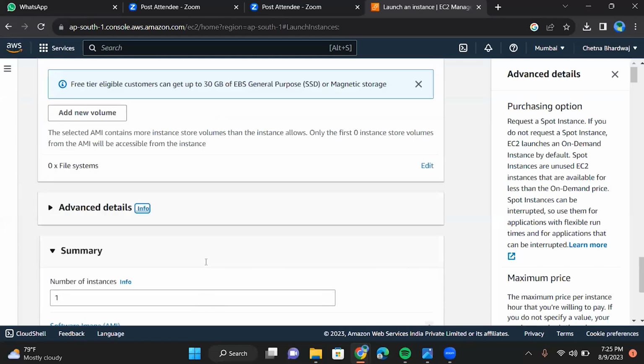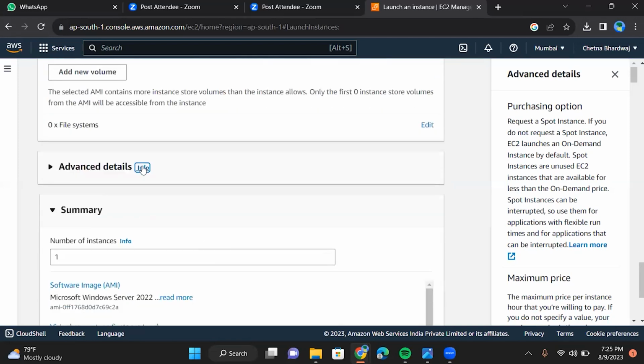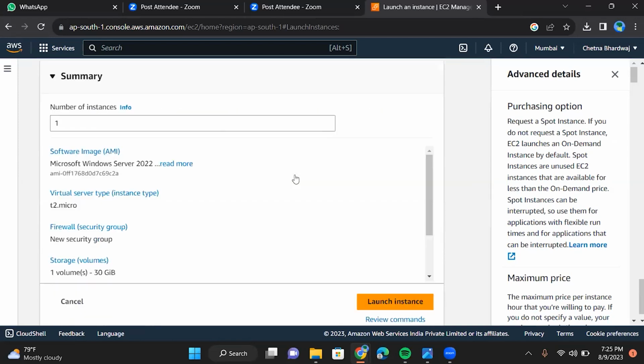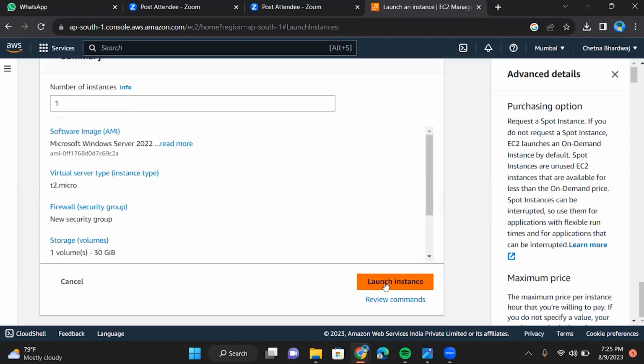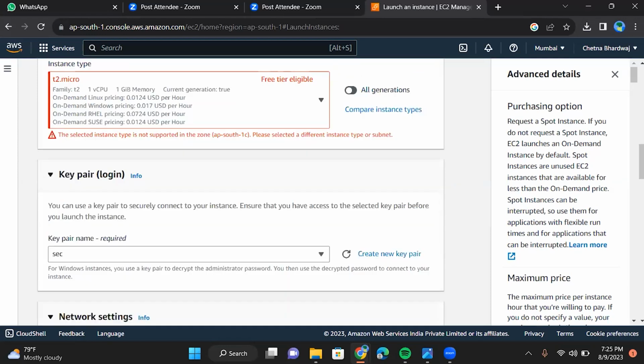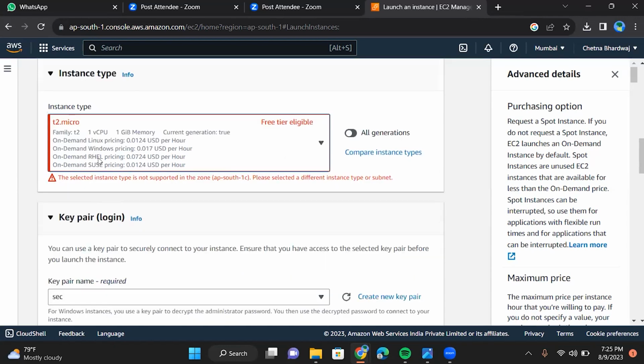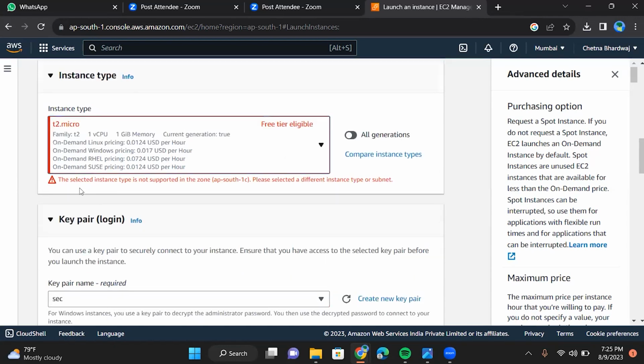We will check them out in a later session. So let's click on launch instance. Okay, so over here it is showing that we are not able to create the instance because this selected instance type is not supported in the zone South 1C.